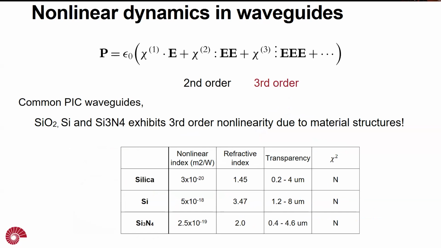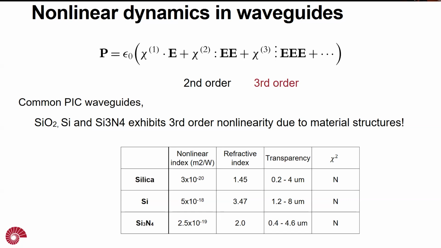Let me tell you how nonlinear they are when you compare them with each other, and what refractive indices and transparency windows they work in. As you can see, they don't have chi2, they only have chi3.